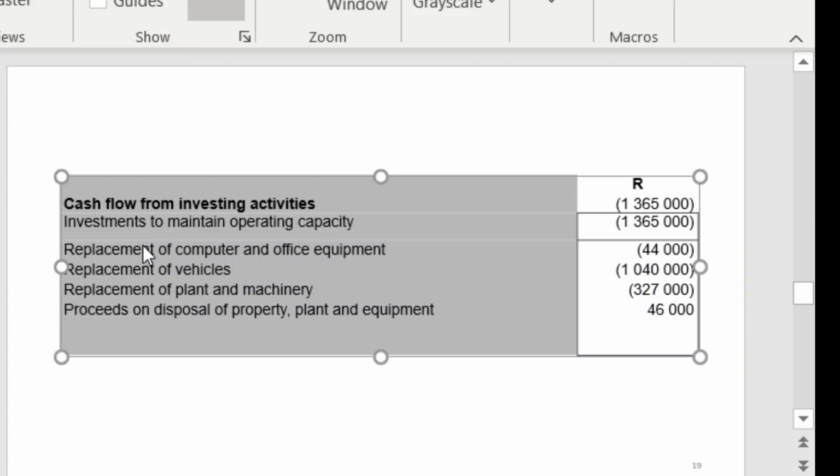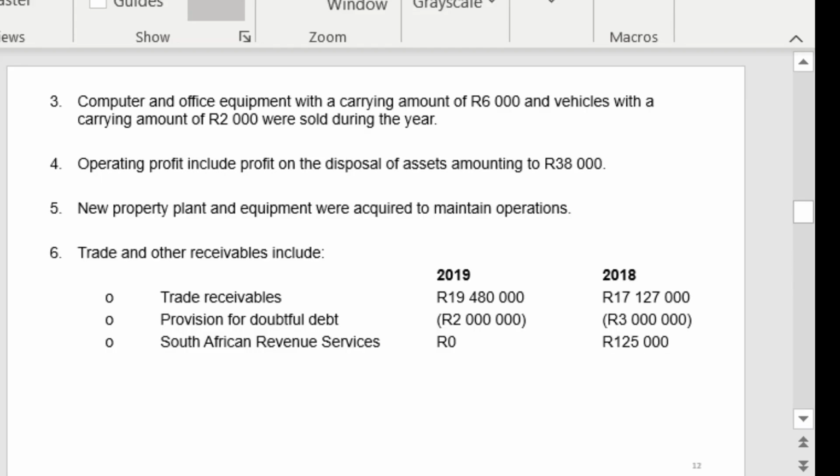If we read our additional information, which we're going to go to, in order to calculate the replacement, let's start with additional information number 5. New property, plant, and equipment were acquired to maintain operations.